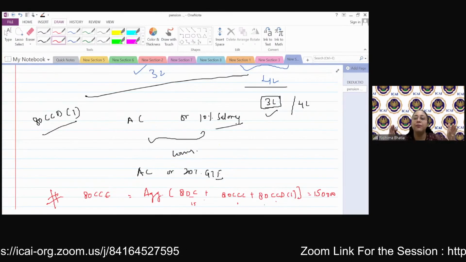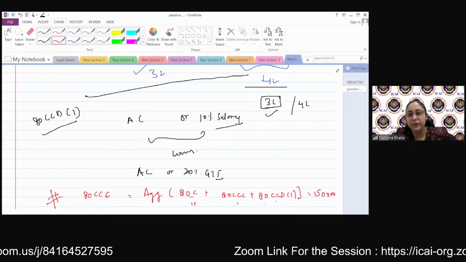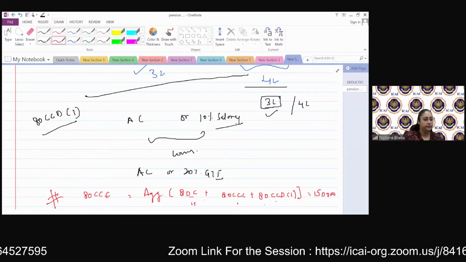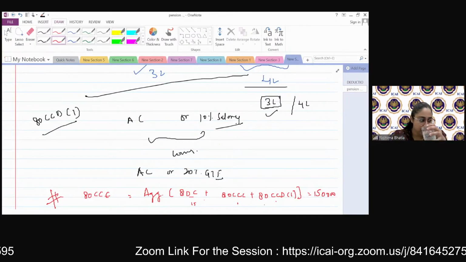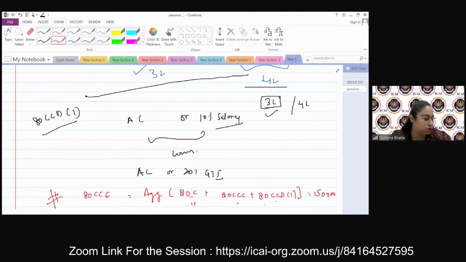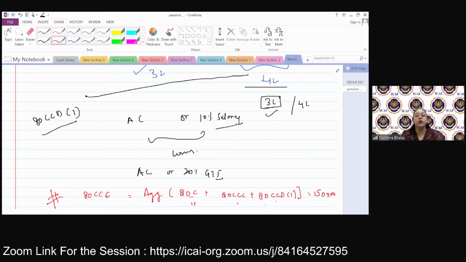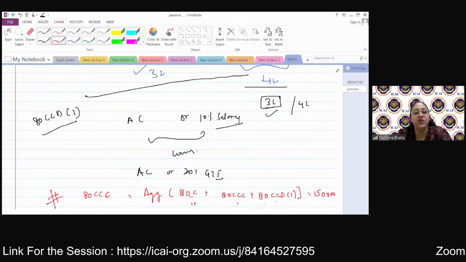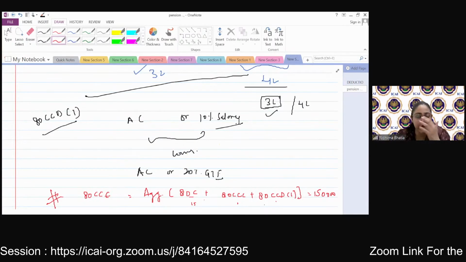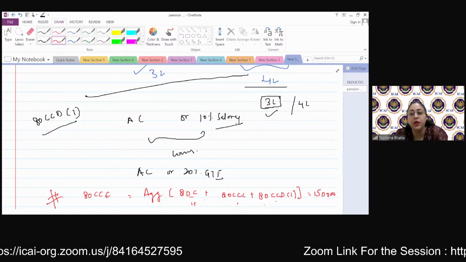Now you will come to a stage where you will combine all of them and you will not cross 1,50,000. So first you check each respective limit and then you apply the big check under section 80CCE.